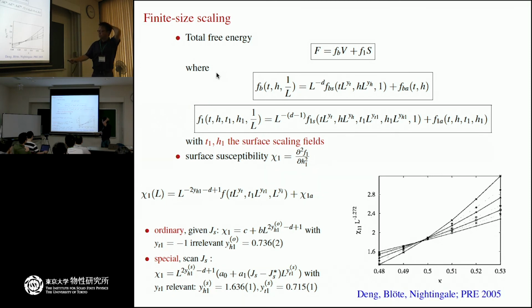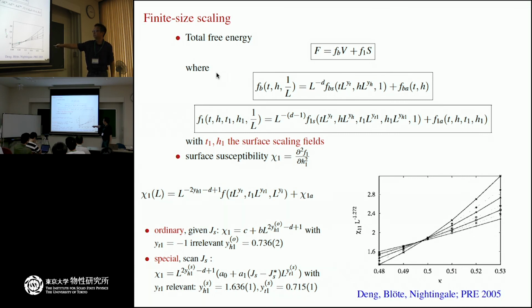But if you scan Js, like Dan Blatt, Nightingale did in this paper, they use a different symbol, but essentially this is Js. You change Js, and you move this part to the right, then you have this exponent, and they have a well-defined crossing point, indicating that there is a special transition.